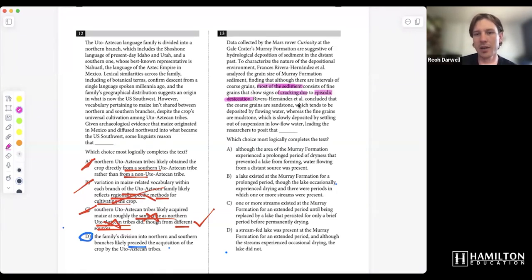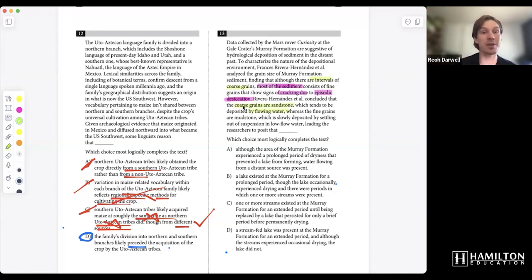It means that the intervals of coarse grains, I'm going to highlight the coarse grains in green, are associated with rivers, right? So flowing water makes the coarse grains. That is not the main thing we see there, though it happens.